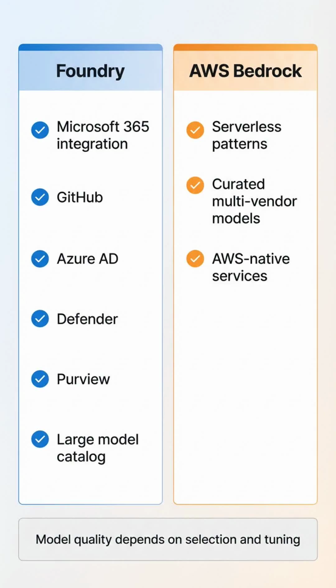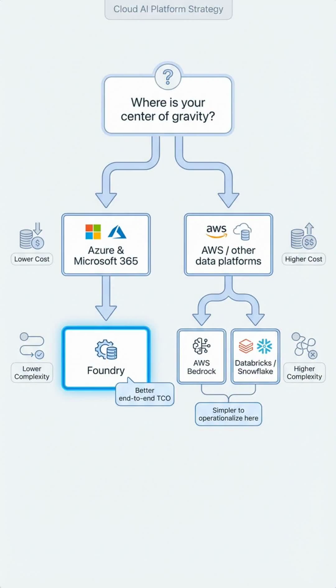Let's understand when Foundry is the right choice. Versus AWS Bedrock, Foundry wins on Microsoft ecosystem integration, Microsoft 365, GitHub, Azure AD, Defender, Purview, and governance, while Bedrock leans into serverless patterns and a curated multi-vendor model set. Model counts favor Foundry via its large Azure AI catalog, though quality depends on selection and tuning.